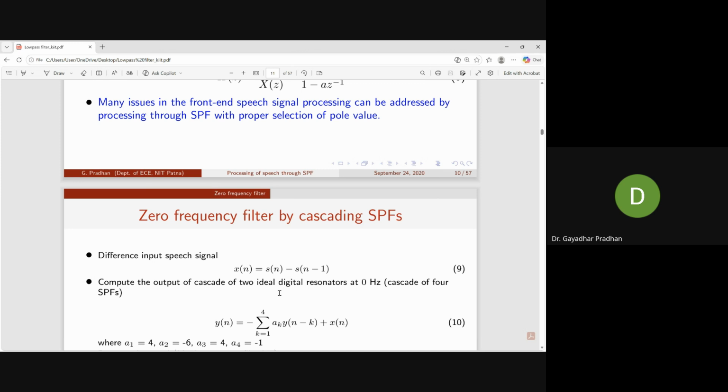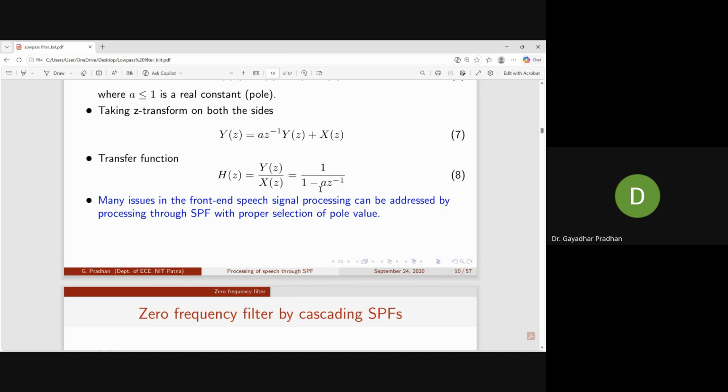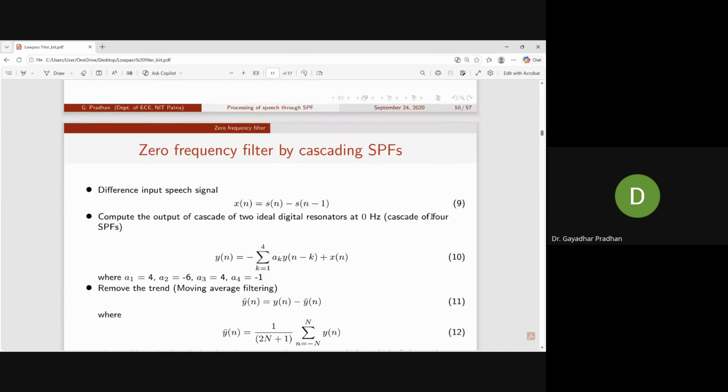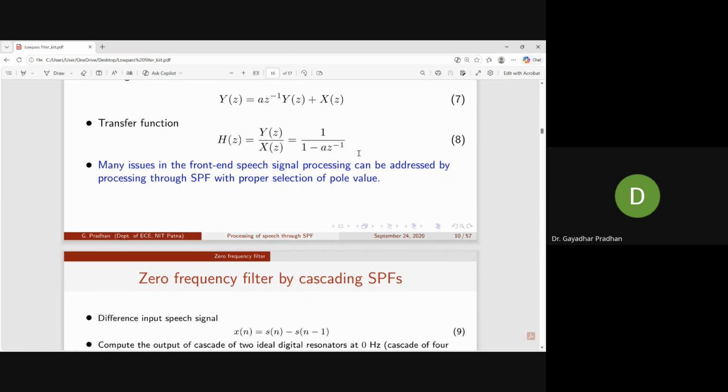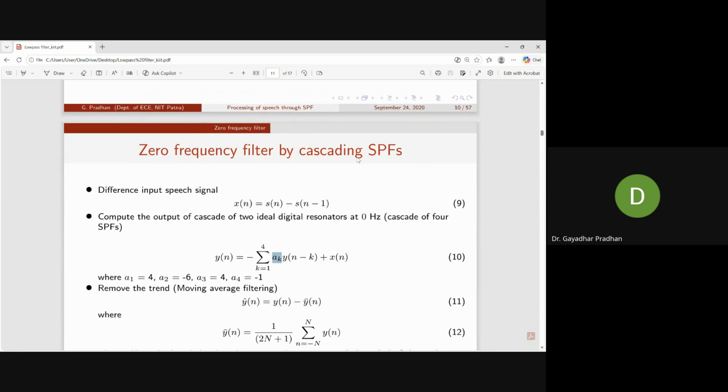So what I'll do, I'll just concatenate such 4 filters to make a filter of order 4. You can see here it is order of 4. There are 4 k values. If you solve it, 1 by 1 minus G inverse into 1 by 1 minus G inverse into 1 minus A G inverse to the power 4, you will get 4 roots of this equation.